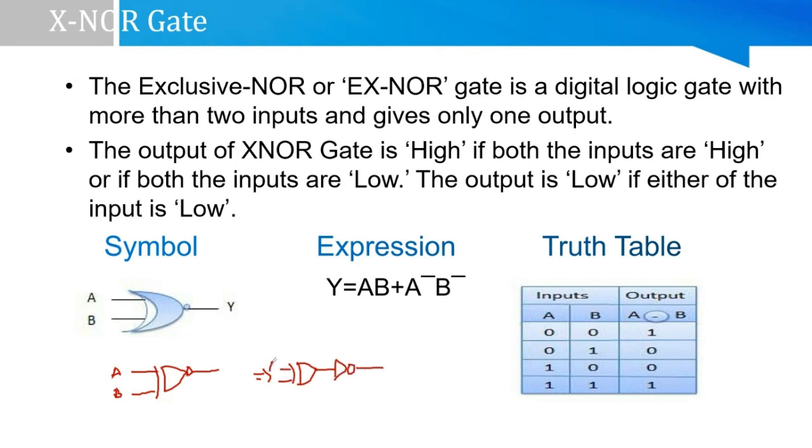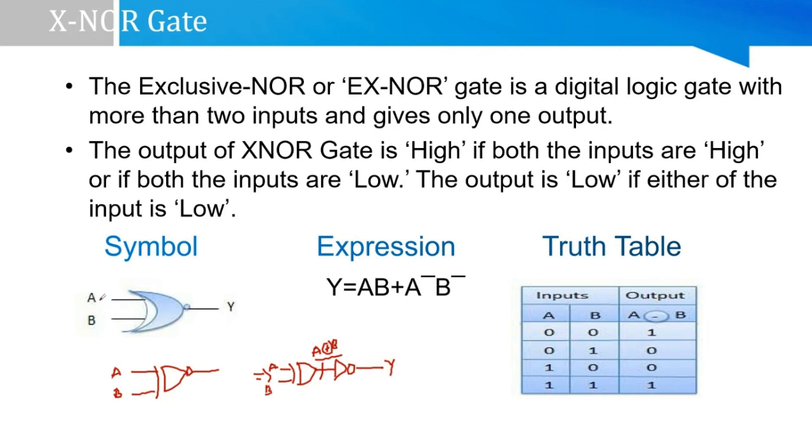This is A, this is B, and this will be Y. So here you can see this will be A XOR B, and whatever output you get here, you will get the inverted version of it.